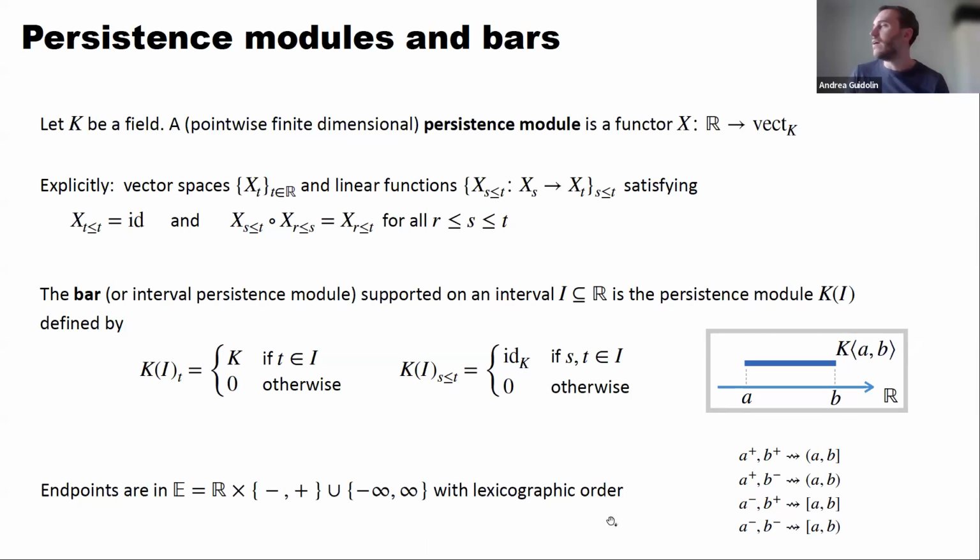This is good because we have a bijection between pairs of decorated endpoints and intervals of the real line. I'm not going to be too precise with the decorations in this talk, but for example, when I say that two bars have the same endpoint, this will be the same real number and the same decoration.